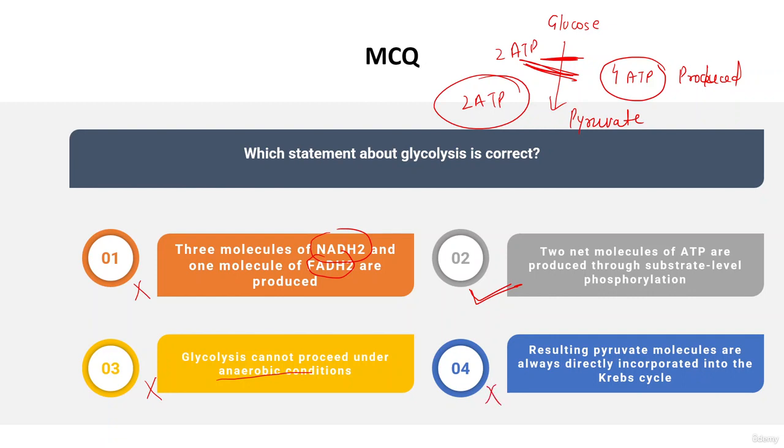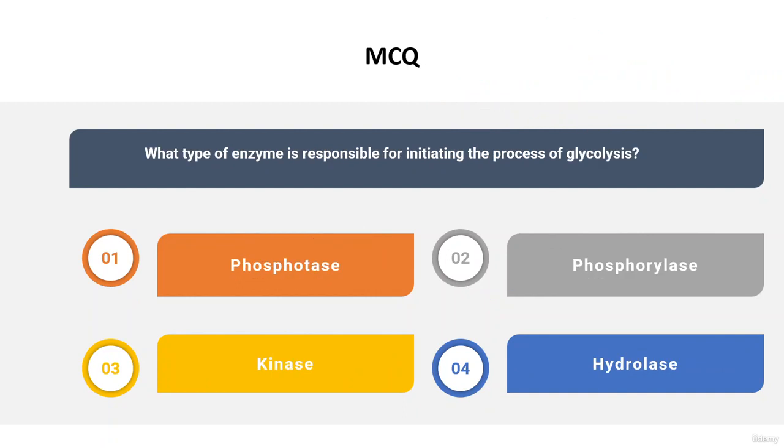So let's see the next question. Which type of enzyme is responsible for initiating the process of glycolysis? We all know that during the whole process, the first enzyme which we see is hexokinase. The first step is phosphorylation of glucose, which is accomplished by hexokinase in most of the cells.